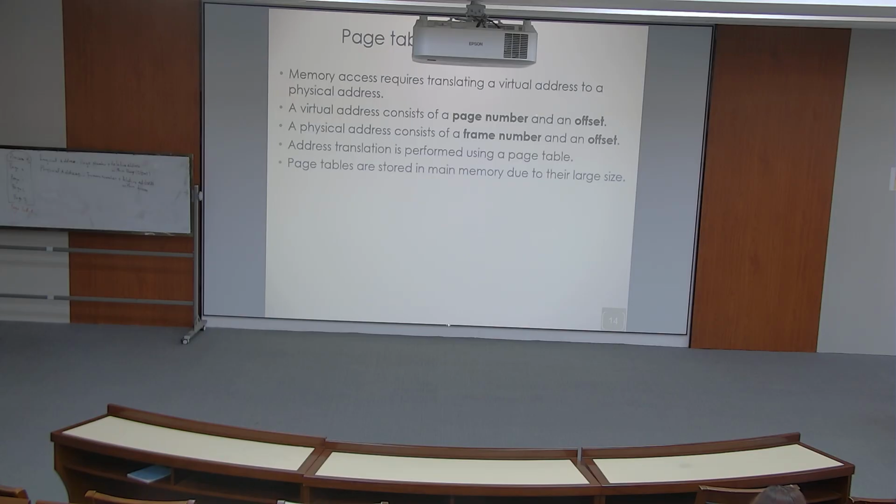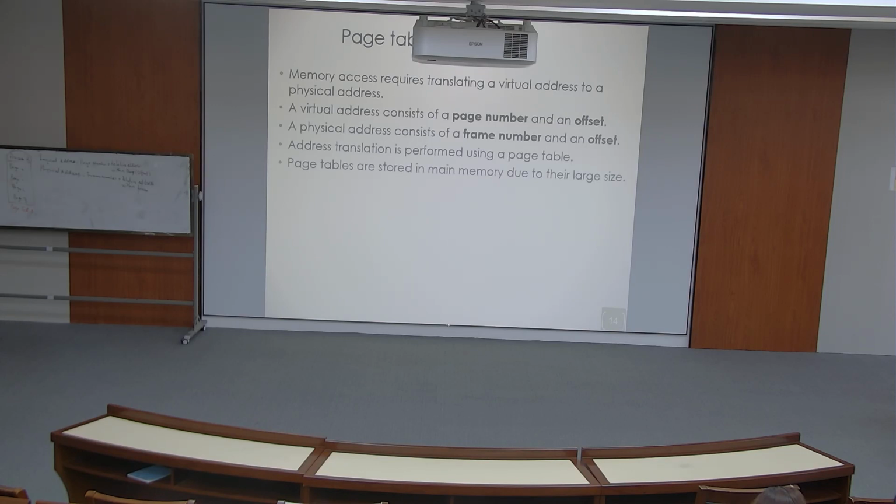So a virtual address, which consists of a page number and an offset, needs to be translated to a physical address, which consists of a frame number as well as the offset. The address translation is performed using the page table that has to be created when a process needs to be loaded into the main memory.